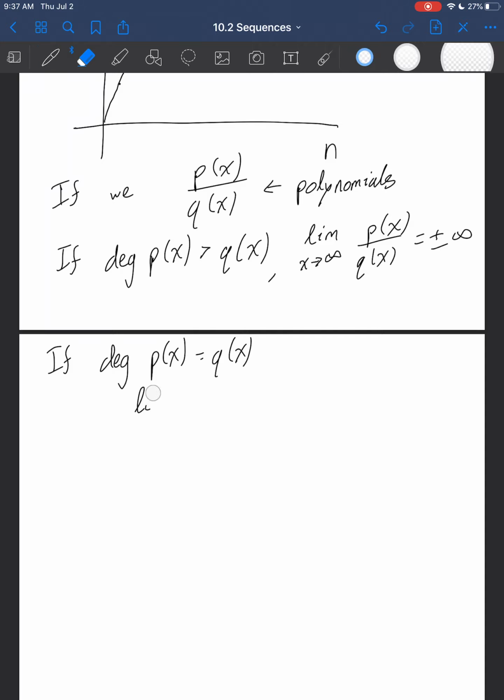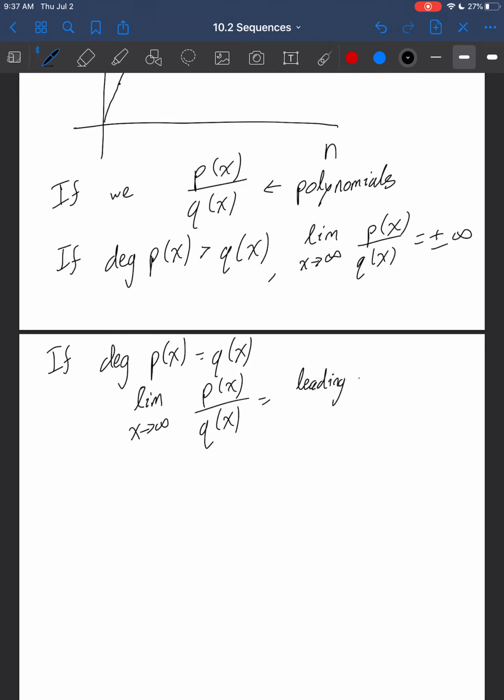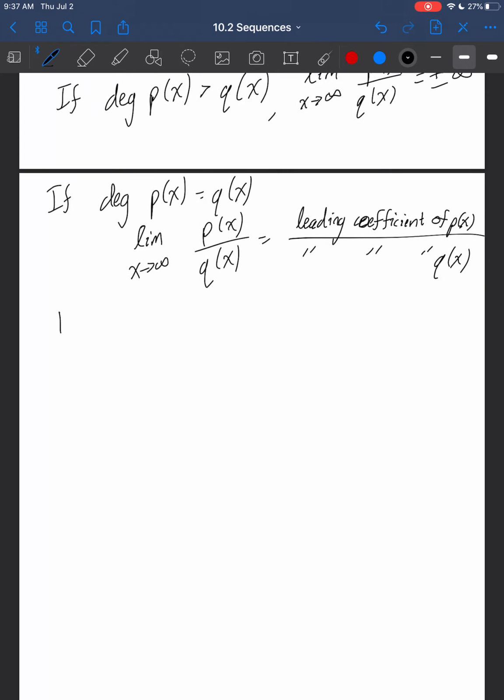So the limit as x goes to infinity of p of x over q of x is going to be the leading coefficient of p of x over the leading coefficient of q of x.